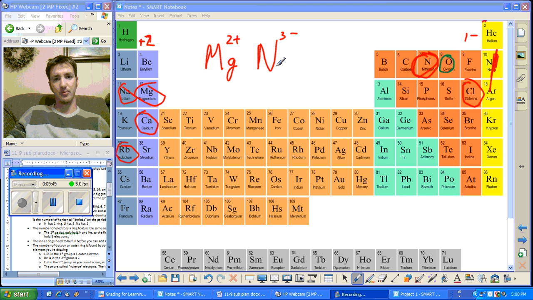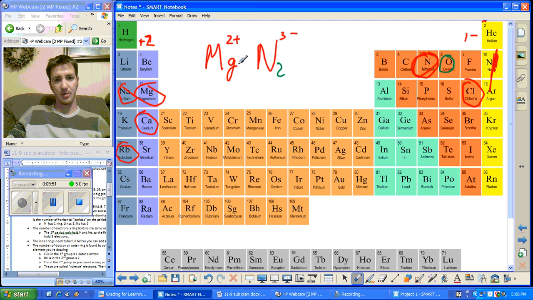So if you took that 2, put it down there, take the 3, put it down there, that gives you a 3 times 2 positive. That equals a 6 positive. This is a 2 times 3 negative. That would be a 6 negative. Hey, that equals 0. So the number cross always works except for a couple of exceptions.